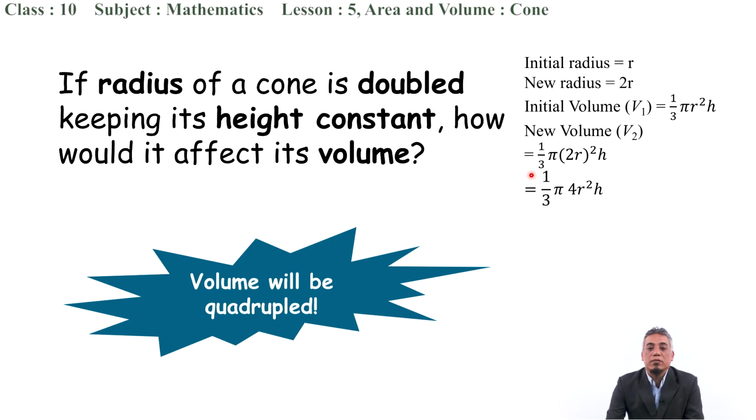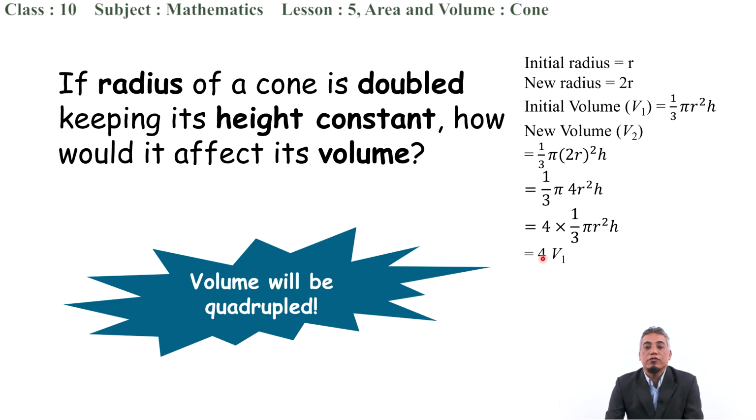And all other terms are just copied. This 2r whole square is 4r square. And we take this 4 as coefficient here, and all other remaining terms exactly fit into the expression of initial volume here. You can see, and that's why we get V2 finally equal to 4 times V1.